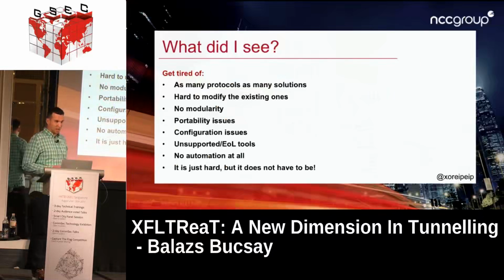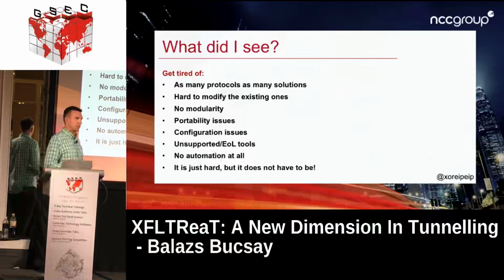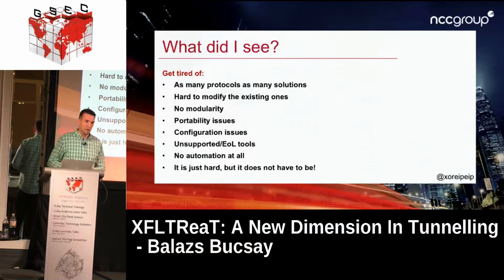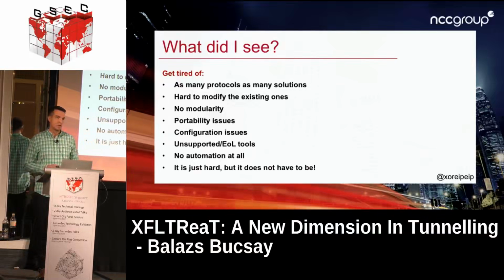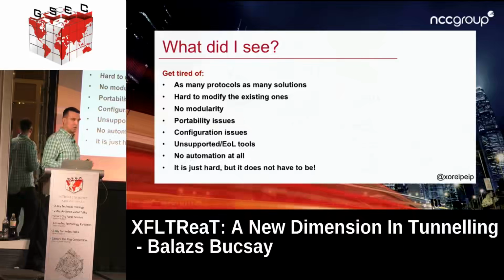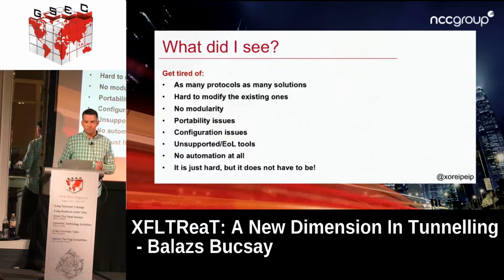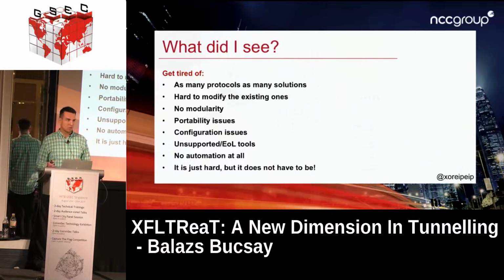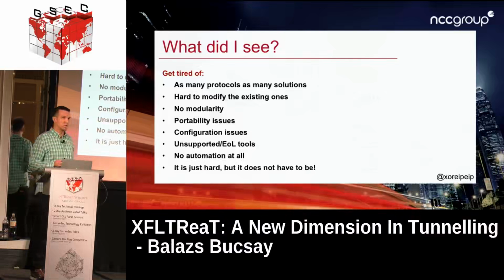And this is when I started to think that I should do something about this, because tunneling, as a topic, is really old and nobody does anything with it except using the tools nowadays. So maybe there is space to improve. So I started to write a list of what kind of problems I have with these tools. You need to install different tools for every different protocol that you want to use. The configuration files are different.